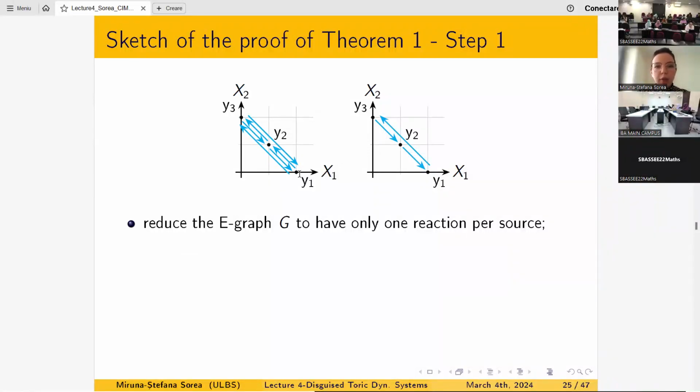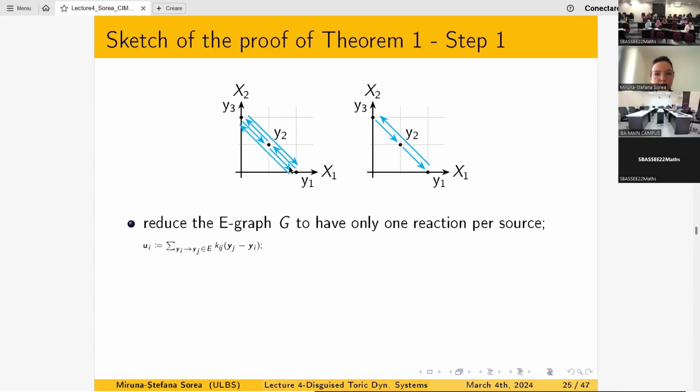If you think that we have the reactions y1 to y2 and y1 to y3, you see they are in the same direction, so we can gather them in a single vector.